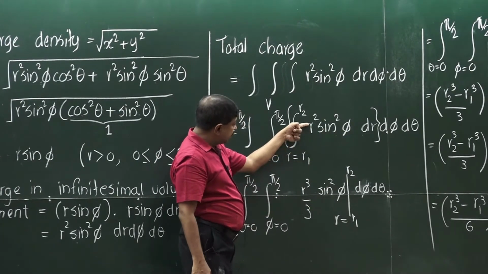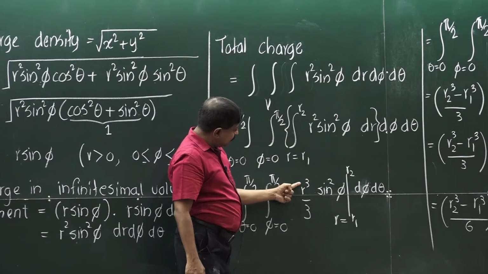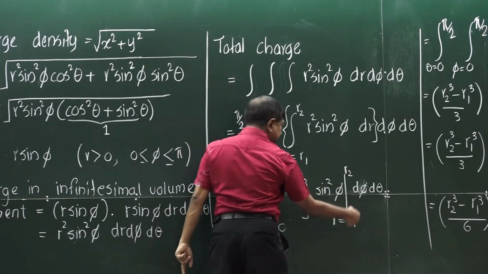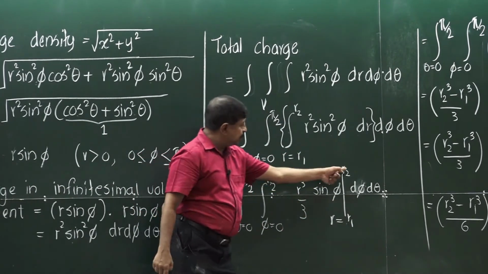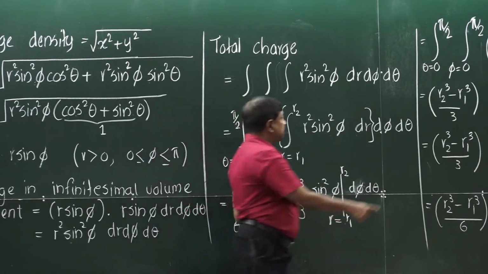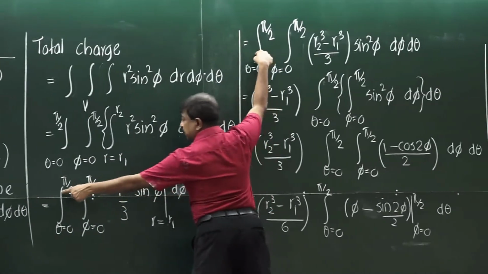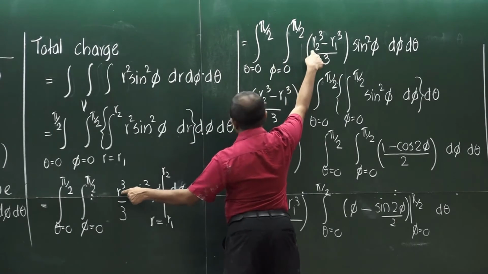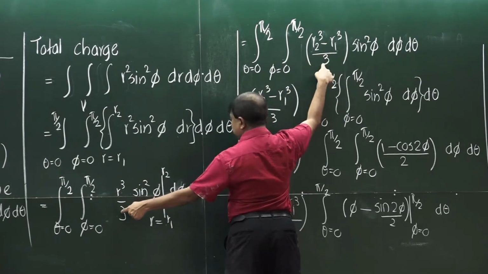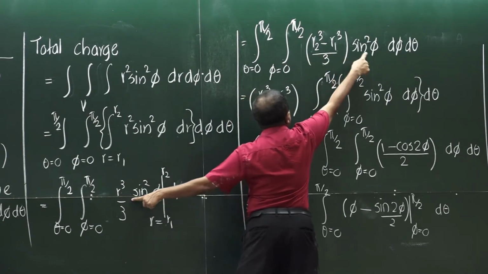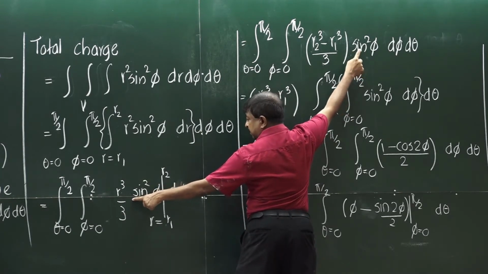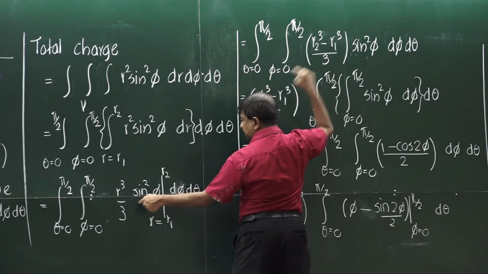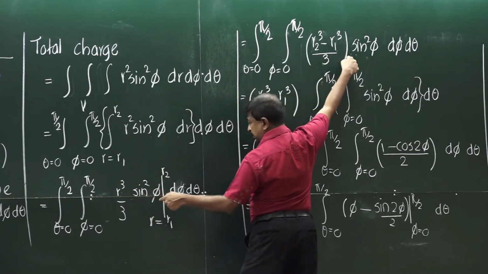Therefore, you simply integrate this one and you will end up with r cube over 3. Now, plug in the respective limits. So, first you substitute this one, again you keep these two intact, plug in this one. So, r2 cube minus r1 cube over 3, you keep this sin squared phi intact, right. That is how you go from here to here.